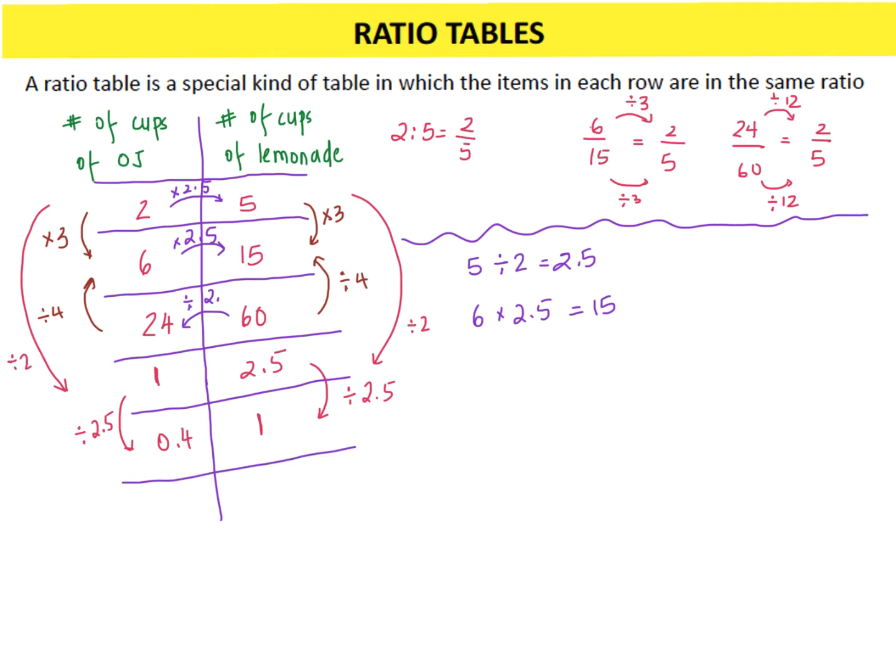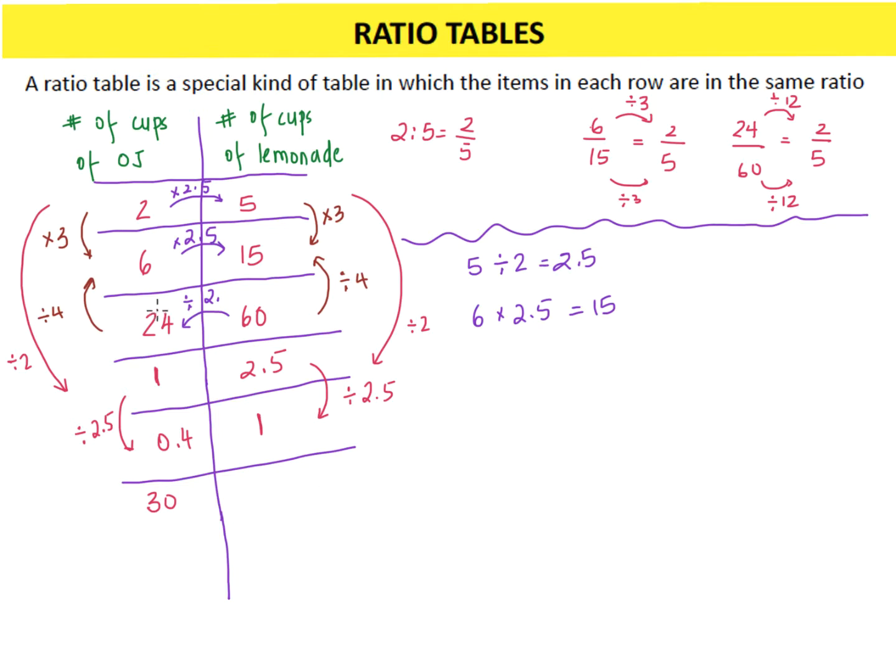The last and the most exciting rule about using ratio tables is where you can actually add or subtract rows to get another row. So let's look at a simple example. If I had 30 cups of OJ, how many cups of lemonade do I need?